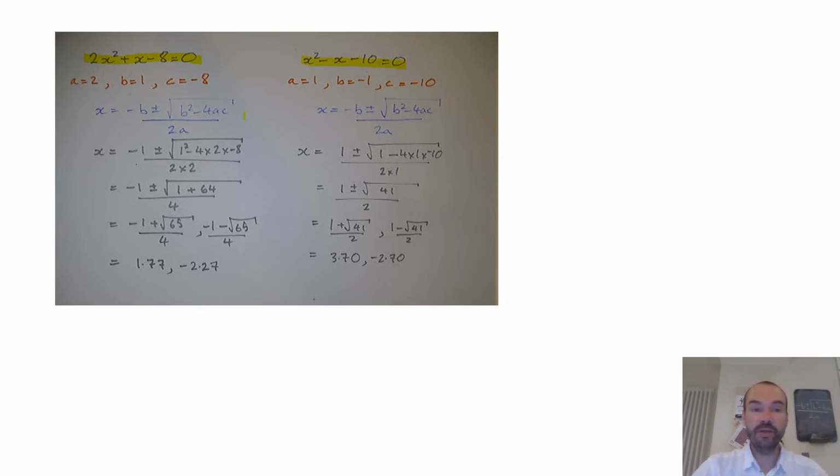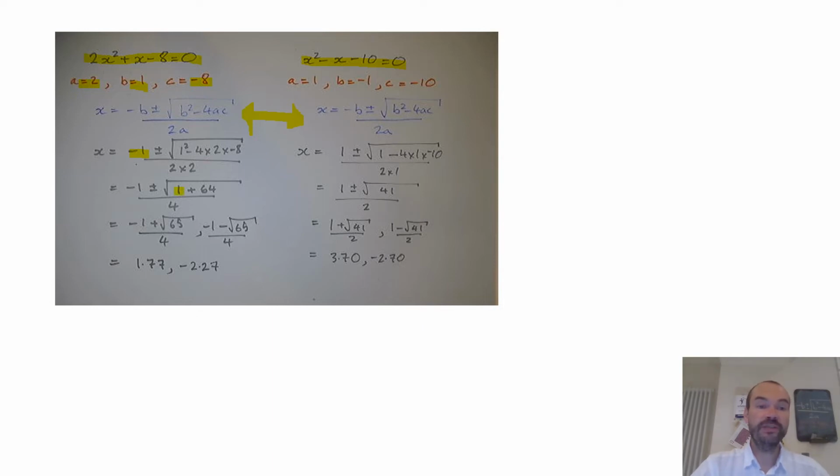And I've written the quadratic formula out for both of them. So in the first one, a is 2, there's just one x, c is minus 8. So I make minus b becomes minus 1, b squared is 1 squared, which is 1.